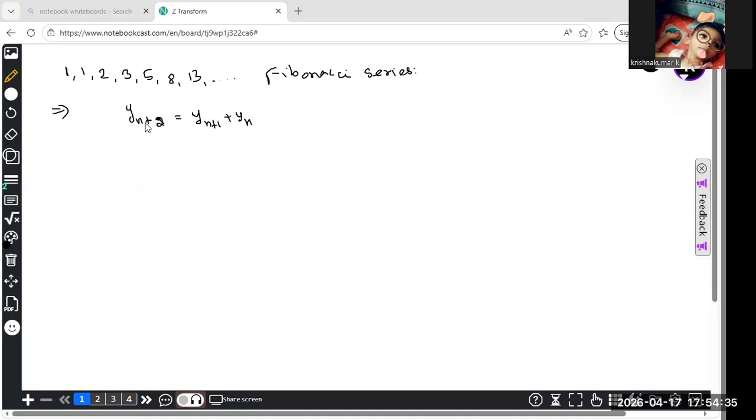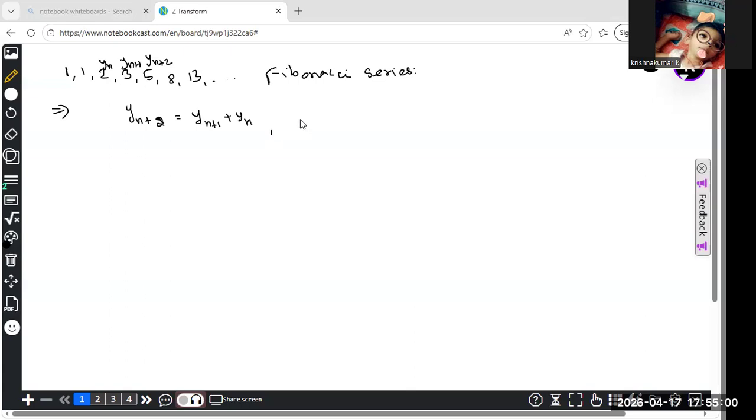If it is y(n+2), then this will be the sum of the previous terms, so this is y(n+1) and this one is y(n). If you add these two, you can get this term. So this is our common difference equation for this Fibonacci series.